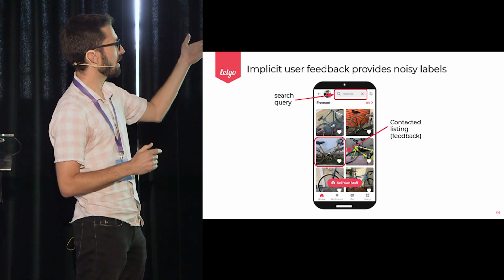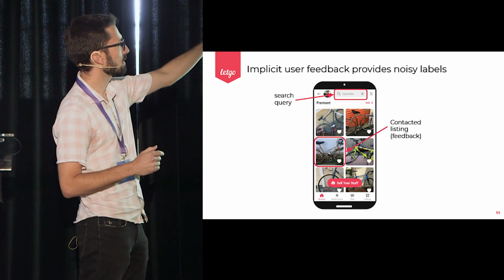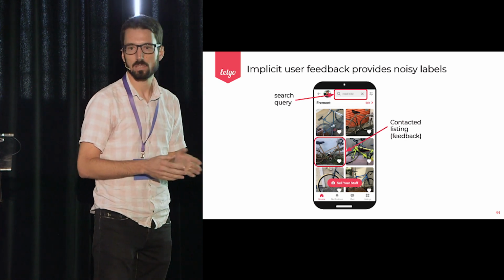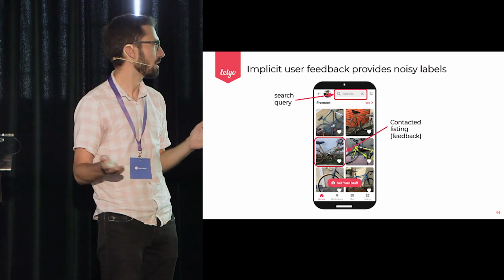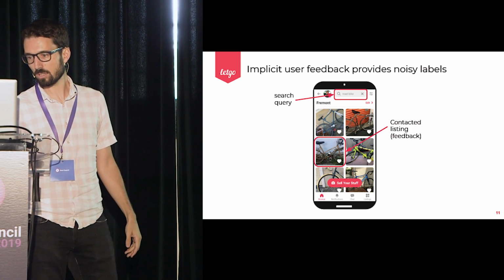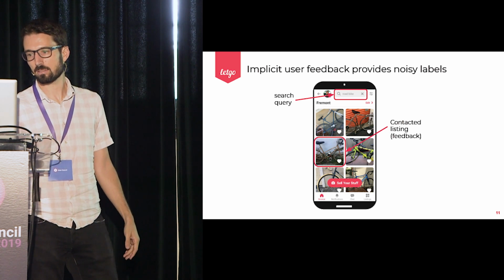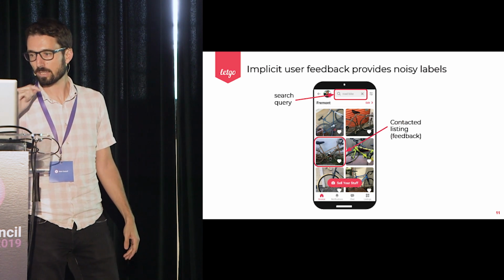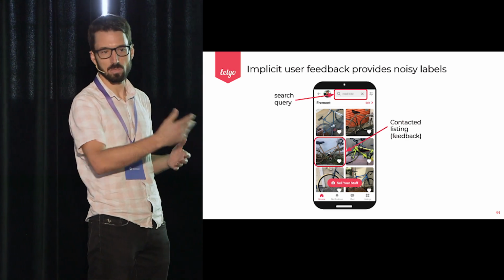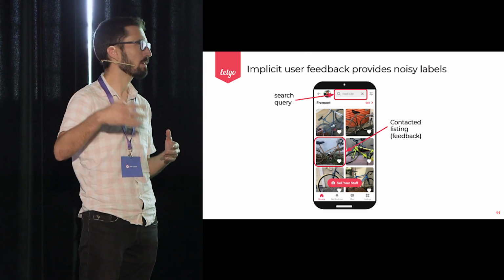When a user comes to our app and runs a search, in this case the search query is road bike, the app returns, hopefully, a number of road bikes if we've done our search and relevance work properly. And the user selects one of them, the one that he or she finds interesting, and contacts them. Perhaps views the item, then contacts the seller, and then eventually transacts.